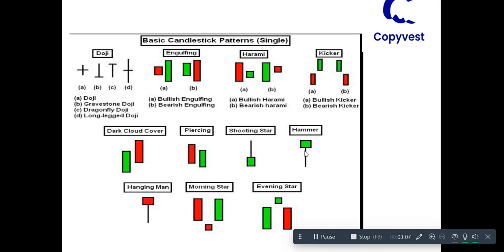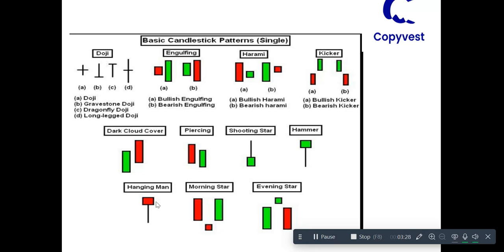Remember what we call these things, shadows or wicks, and then closed higher, having the shape of a hammer. Okay, so when you see this maybe at a trend continuation or at the bottom of a trend, it depicts possible trend continuation or possible trend reversal.